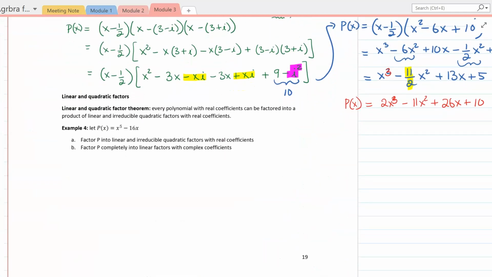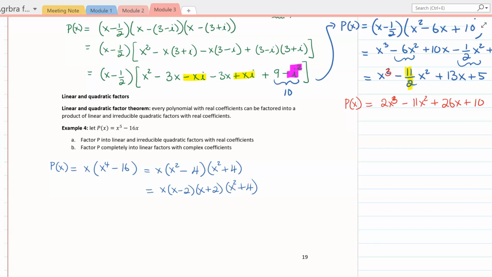Okay. So p equals x to the fifth minus 16x. Factor p into linear and irreducible quadratic factors with real coefficients. Okay, so p of x equals, I factor out x to get x to the fourth minus 16, and that is x times x squared minus 4 times x squared plus 4, and this is x times x minus 2 times x plus 2 times x squared plus 4.